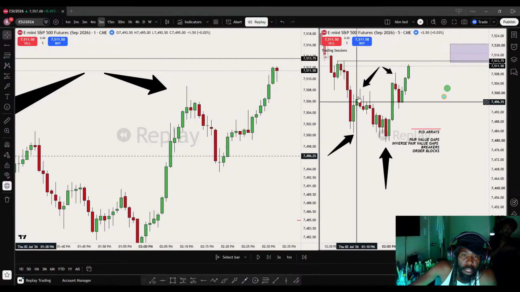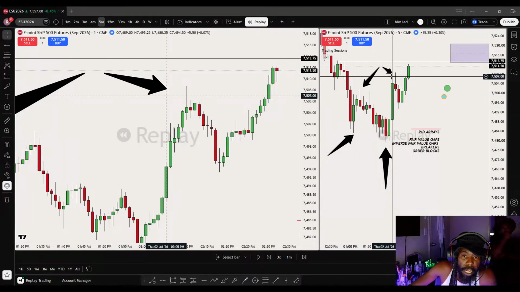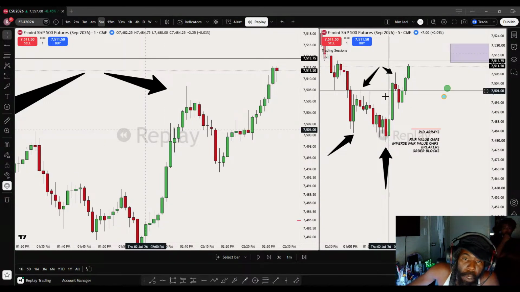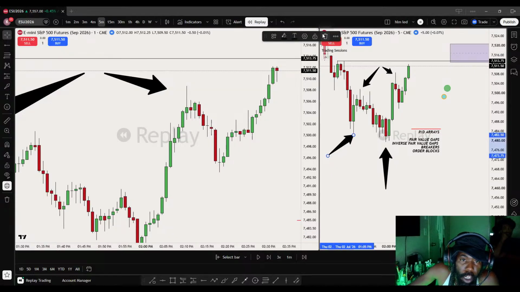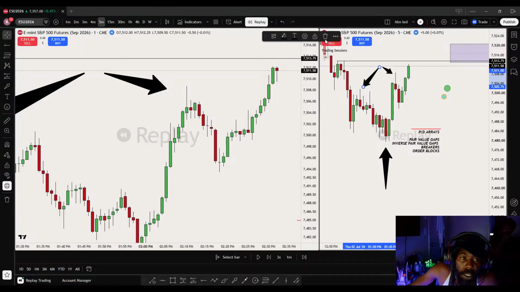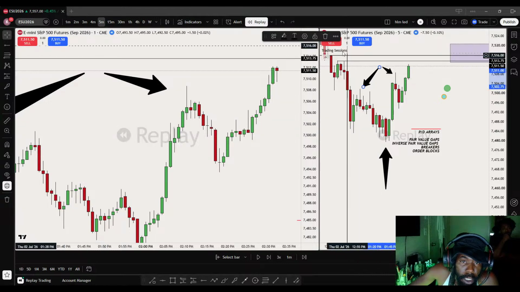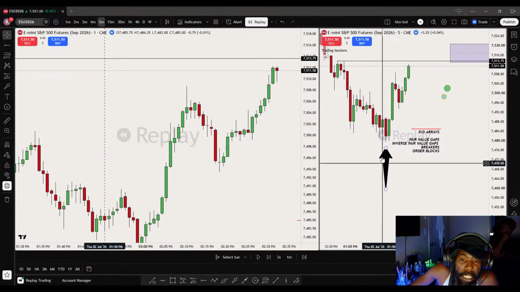For a breaker, it's always going to be that: low, high, lower low, higher high. If it's not that criteria, it's not a breaker. You feel me? If it's not the low, high, lower low, higher high, it's not a breaker.